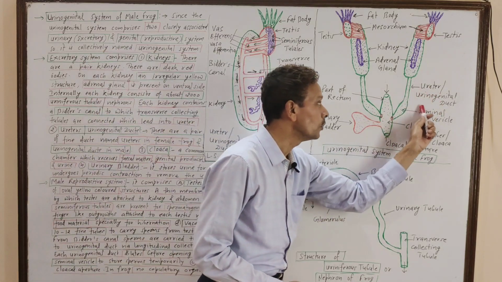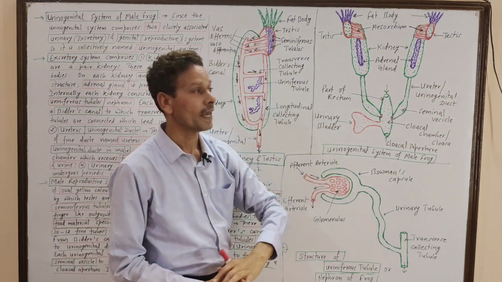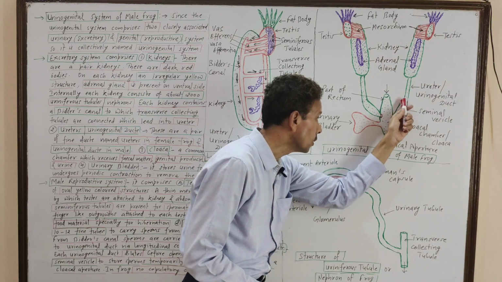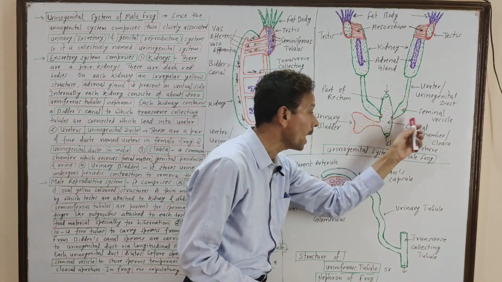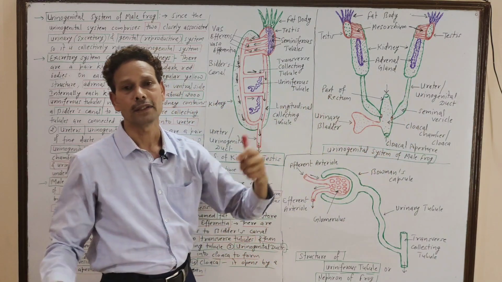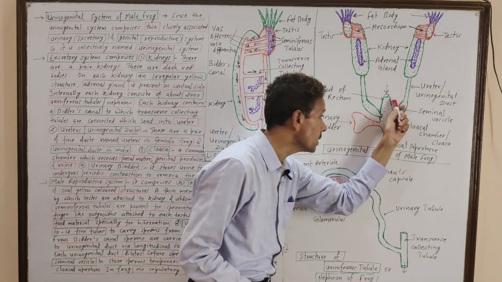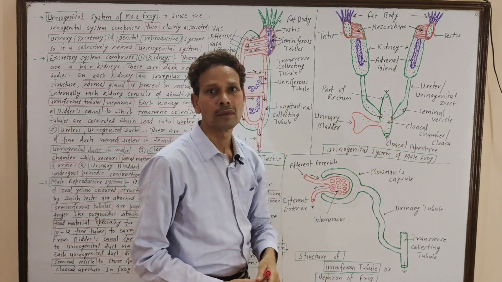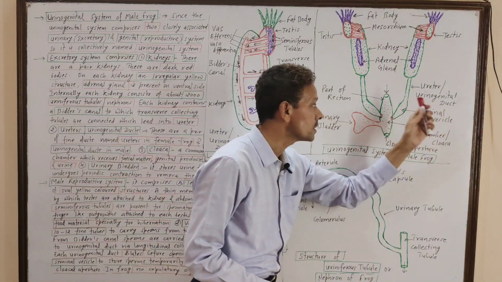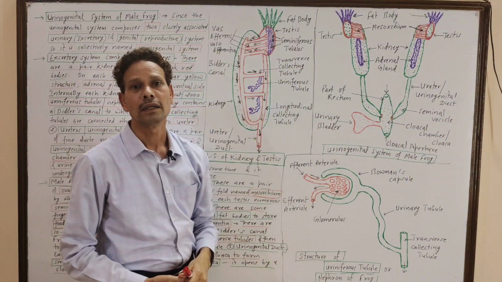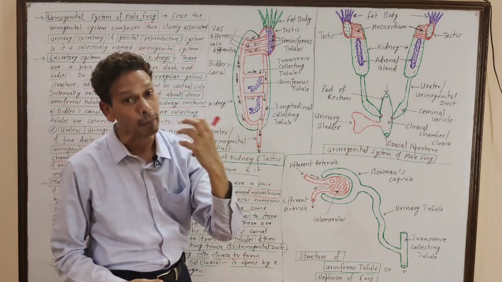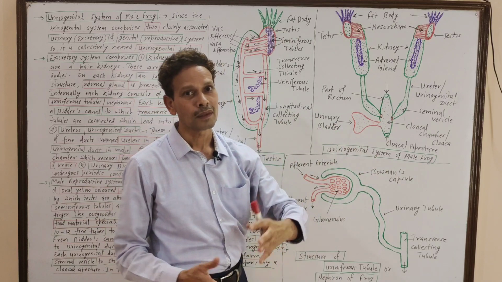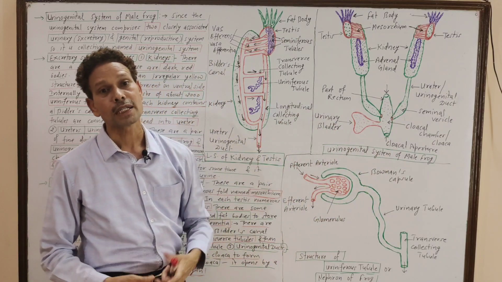So these are named urinogenital ducts. The terminal part, the lower part of this ureter, gets inflated and becomes enlarged. This swollen terminal part is the seminal vesicle, and in the male frog this seminal vesicle stores the male reproductive discharge, semen.